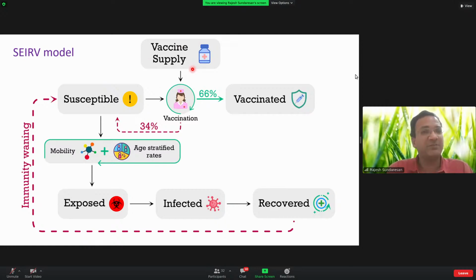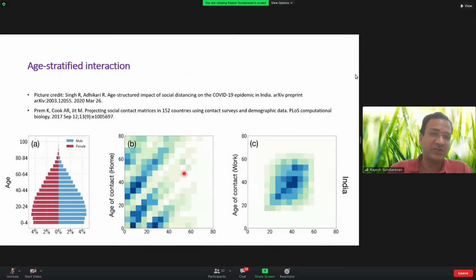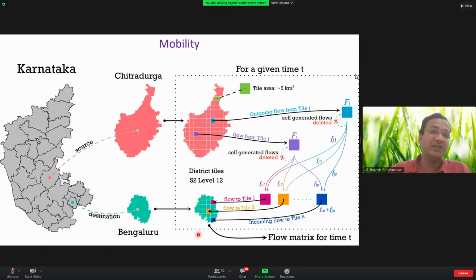And here are some additional things that we had taken into account. So we know that we have very many homes which are intergenerational, and therefore we brought in age stratification and age stratified contact rates. So these were additional compartments that we had introduced. We also were interested in how things would move from one district to another, because after all, we are thinking about vaccine allocation strategies across districts.